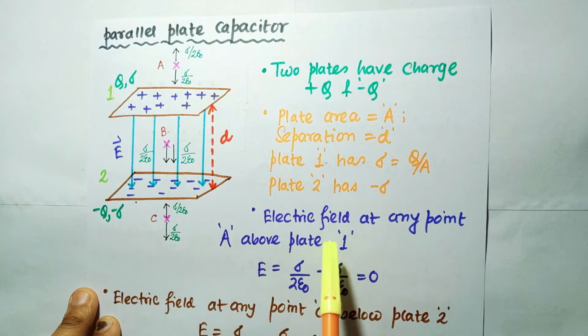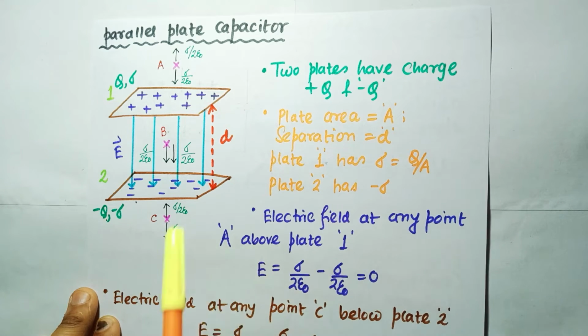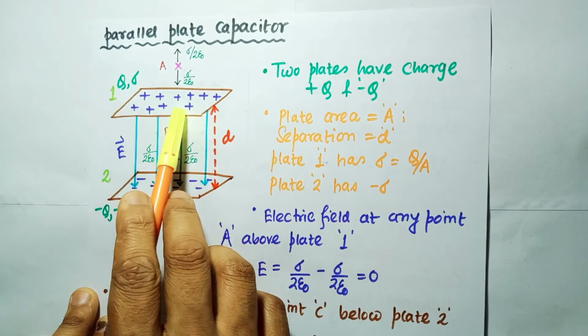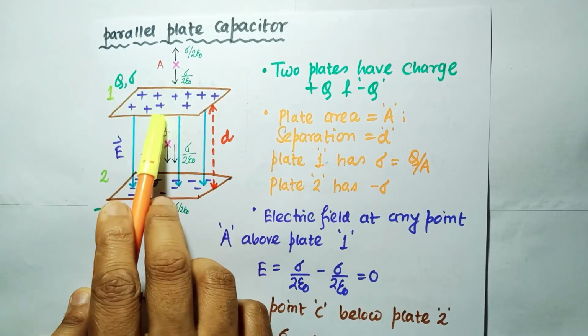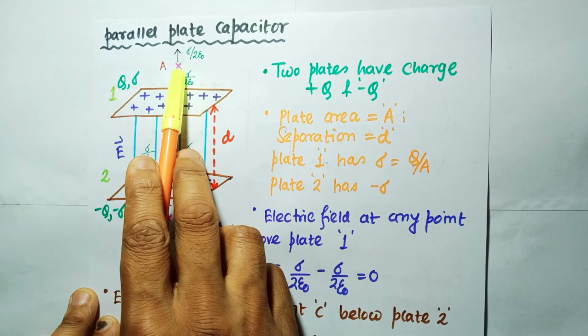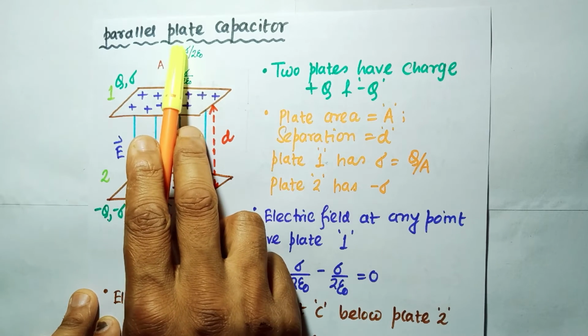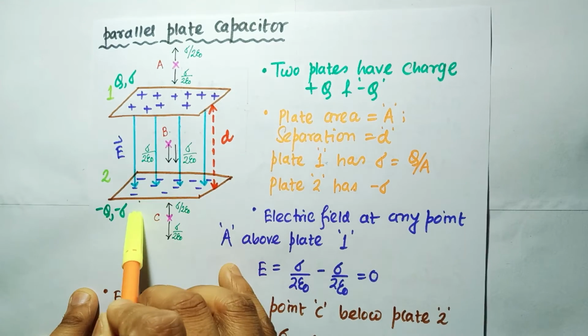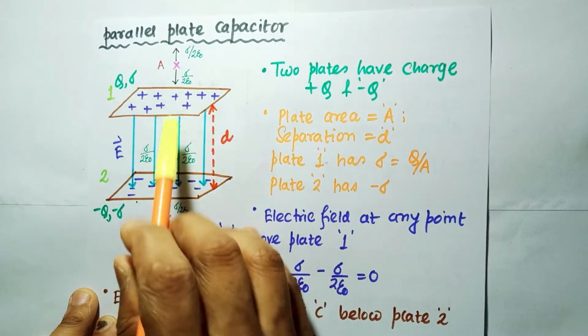So let us find the electric field at the point A. For plate 1, which has the positive charge, the electric field acting on the point A will be acting upward, and for plate 2, with the negative charge, it will be acting downward.